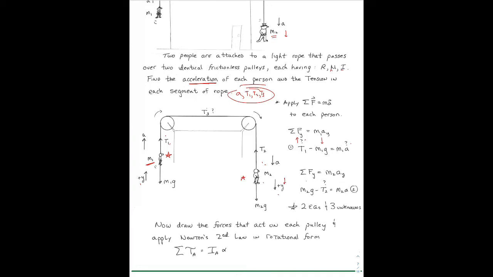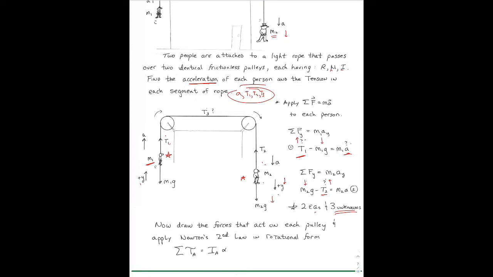My coordinate system points down because they're accelerating downward, so downward is positive. I have M2g minus T2 is equal to M2a. Now I have another unknown: T1, a, and T2. So I have 3 unknowns and 2 equations. The math department says you need as many equations as you have unknowns.